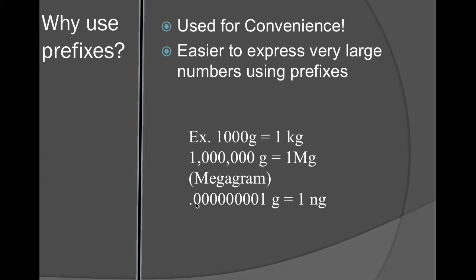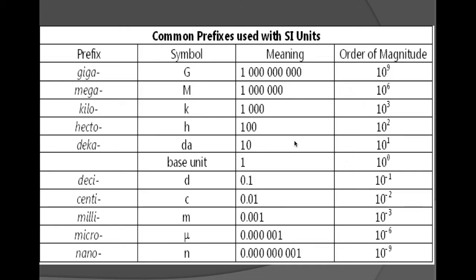Instead of saying 0.000000001 gram, which is super tiny, who wants to say all those zeros? Instead, you just have to say 1 nanogram. It's just easier, and you know that when you hear that prefix, it means either something small or maybe something very large. Here are the SI units and the prefixes that we most commonly use.